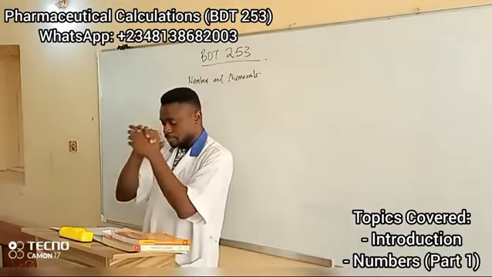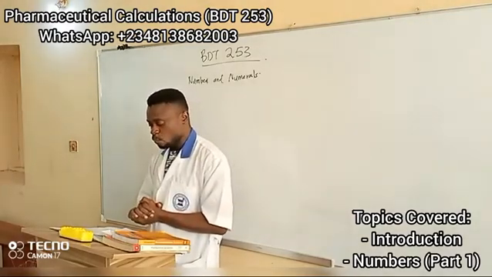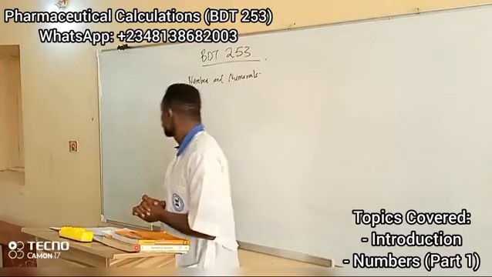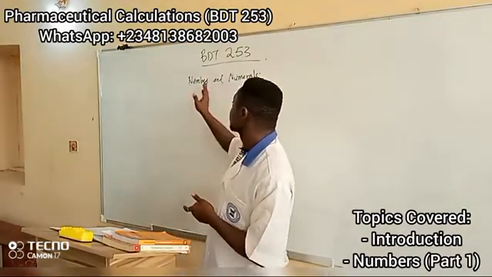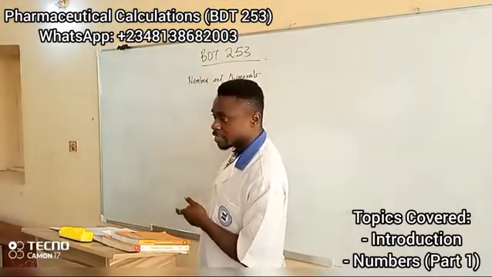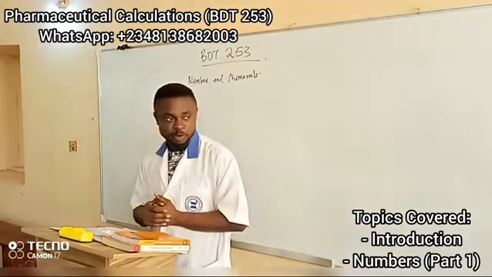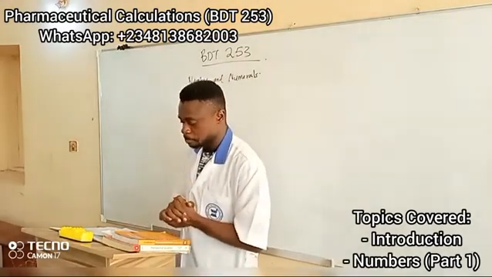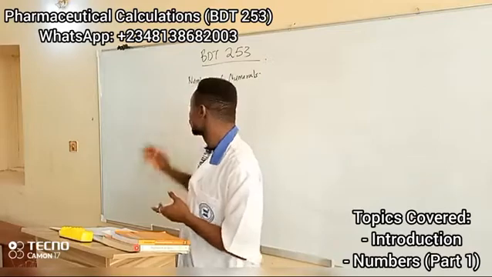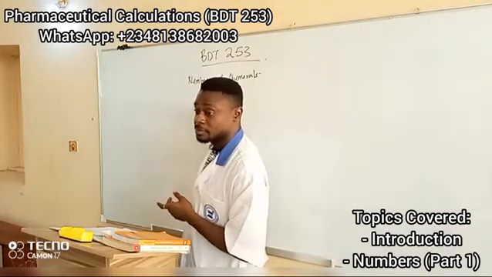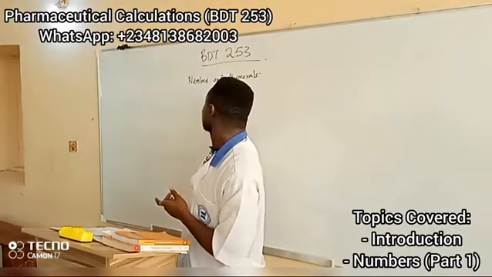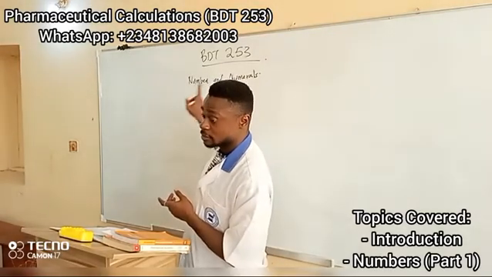Now, numbers and numerals. No, let me talk about numerals. I'll still go to numerals. Let me just finish with numbers. I'll talk about numerals and tell you the relationship between the two of them. People think that they are the same thing, but they're not the same thing.